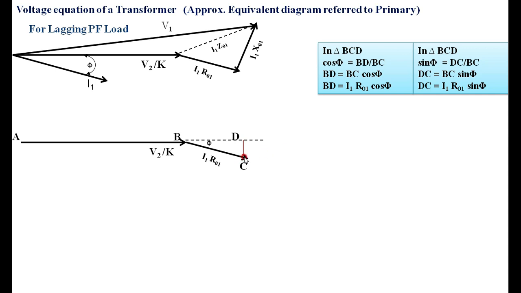Then to this BC I am adding I1 X01, which is perpendicular to current I1. Once again I am resolving this into its X and Y components. Then this angle becomes phi, because this is phi.